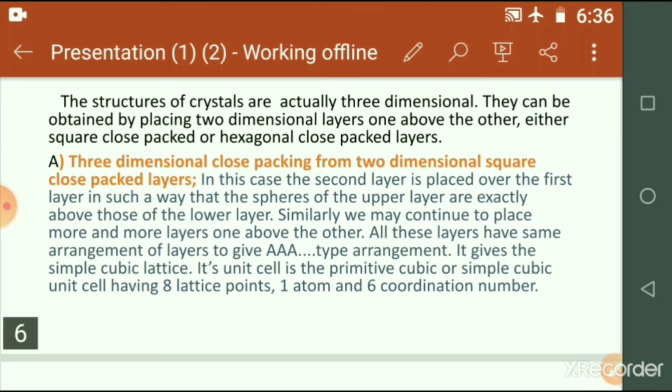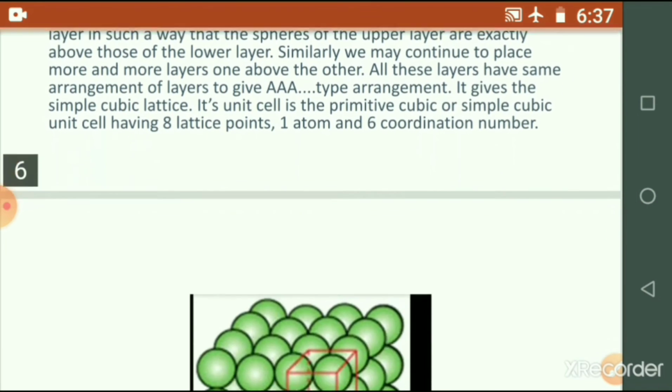It gives a simple cubic lattice. Its unit cell is the primitive cubic or simple cubic unit cell having 8 lattice points. There are 8 corners, and each corner contains one atom, so its lattice points are 8, and it has only one atom. 1 by 8 into 8 is equal to 1 atom, and the coordination number is 6.